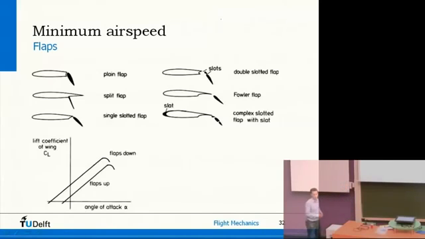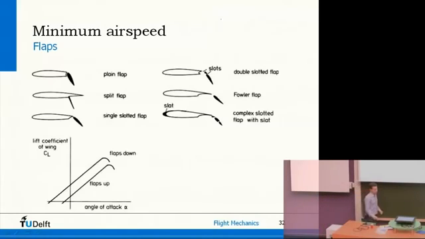These are what we also call high lift devices. If you deflect something at the trailing edge of a wing, then you increase the curvature of the profile, and therefore you also create more lift. Another thing is that these flaps basically come out of the wing, so they also increase the wing surface area, which also helps to create more lift.